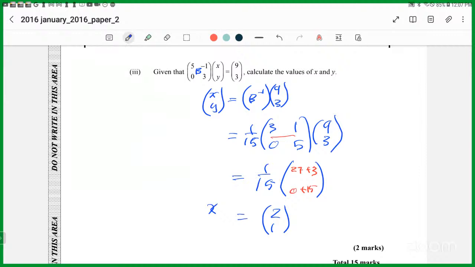That is x, y. And therefore you can say x equals 2 and y equals 1. That's it. Done.